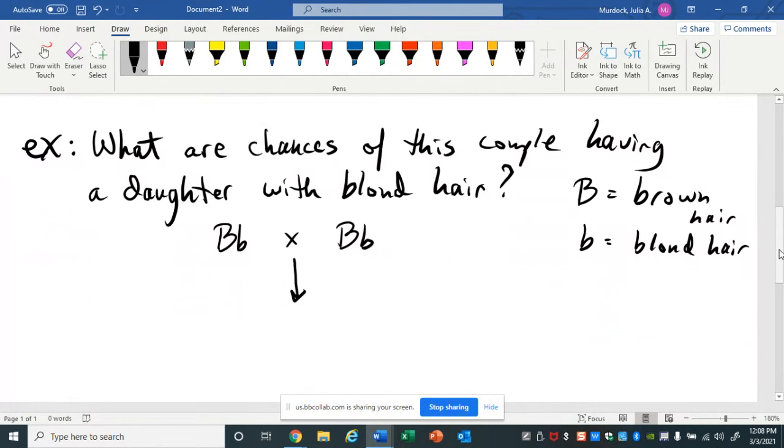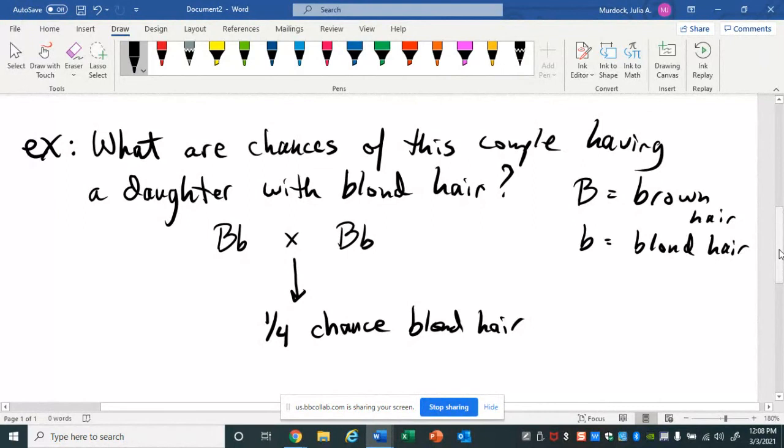So the chances of blonde hair, regardless of gender, would be a 1/4 chance, right? All you do is remember what a monohybrid cross looks like. If you were to actually do the Punnett square, you should be able to see that in your mind. I don't think I need to do that for you. Do I? I hope not. So 1/4 chance of blonde hair, right?